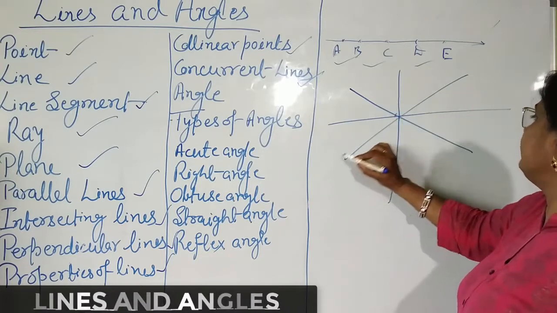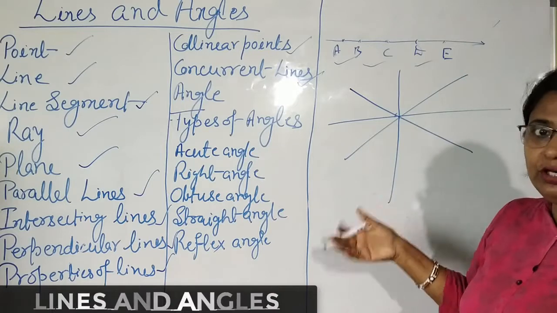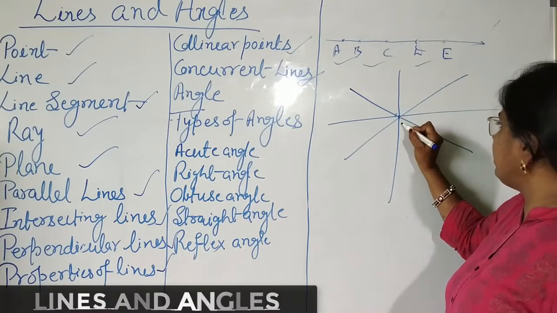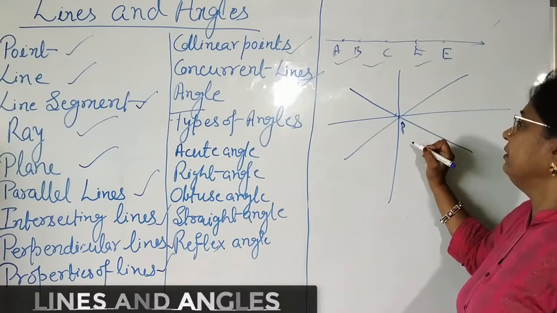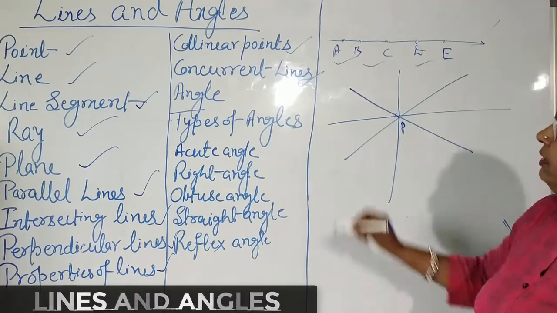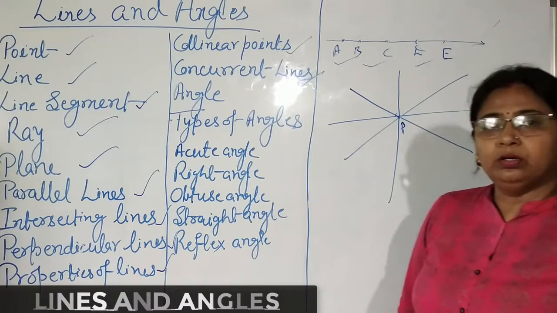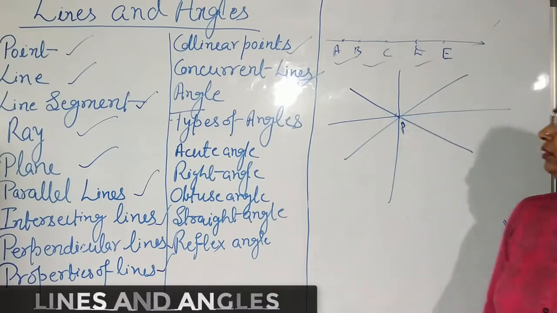These are all concurrent lines. If two or more lines pass through the same single point, then they are called concurrent lines. Hope all are understanding well.